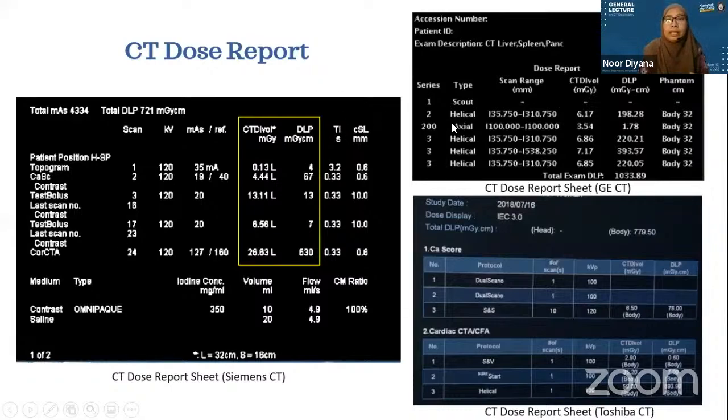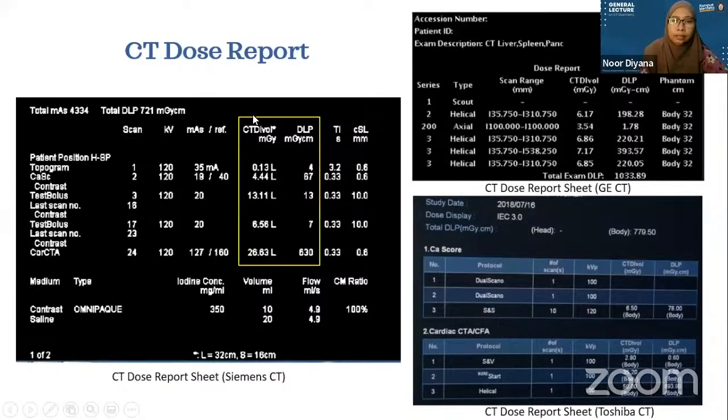Different CT scanners give different displays. This one is for Siemens CT, this one is for GE, and this one is for Toshiba. But the main dose descriptors should be there.